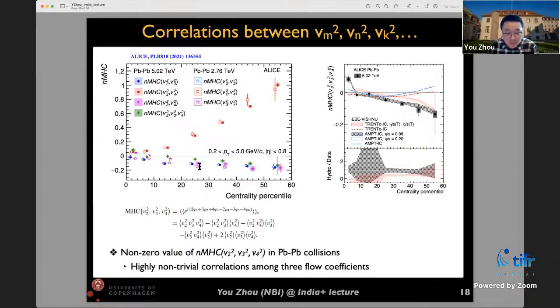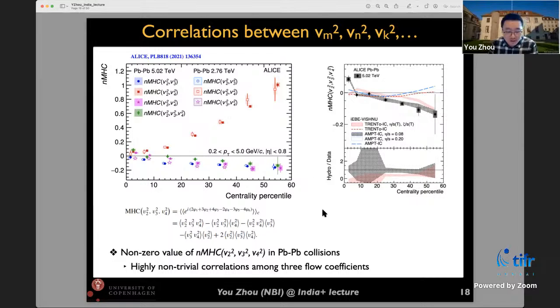And the blue is again the anti-correlation between V2 and V3 that we discussed in the previous slide. But on top of that, we have the new measurements in green, which is the correlation between V2, V3, and V4. It's quite interesting to see that these results are more consistent with the V2 V4 correlation in central collisions, and then go down, go negative, and start to follow the correlation between V2 and V3.